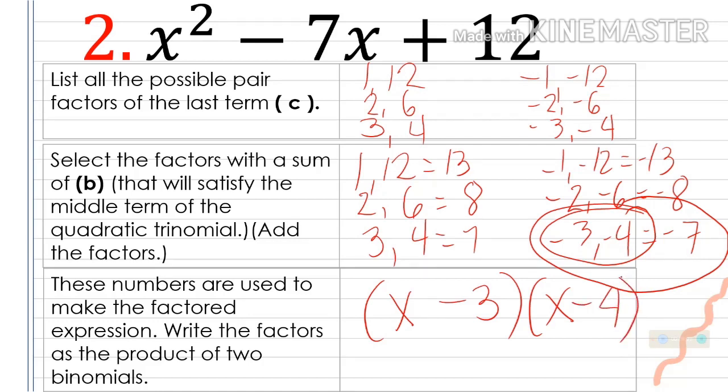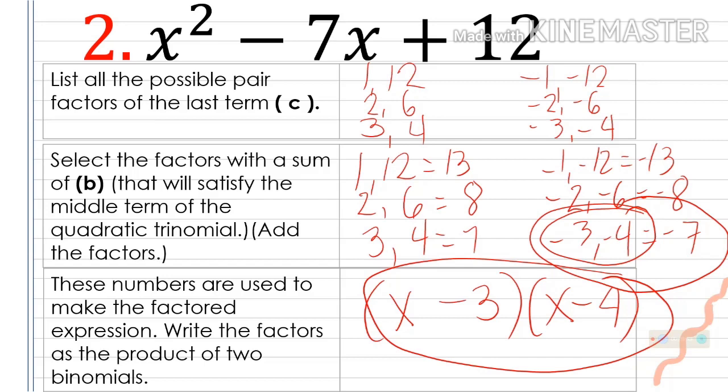This time, since our middle term is negative, both binomials are negative. Unlike the first example, where the middle term is positive and the last term is positive, so both binomial factors are positive. This time, since the middle term is negative and the last term is positive, both binomials are negative.